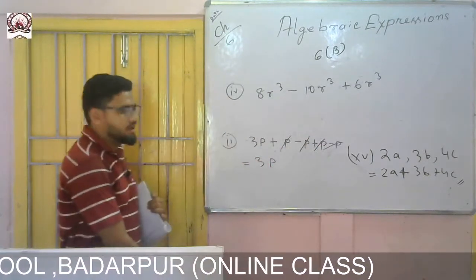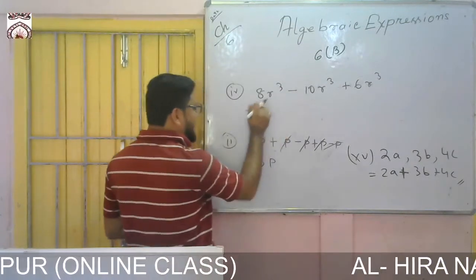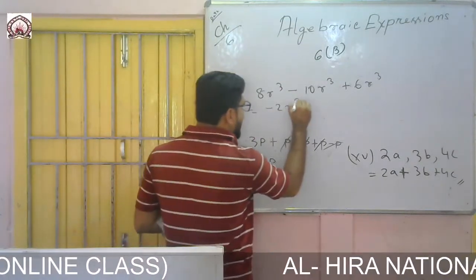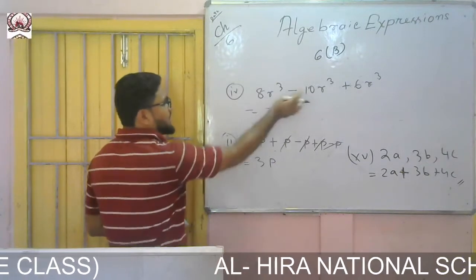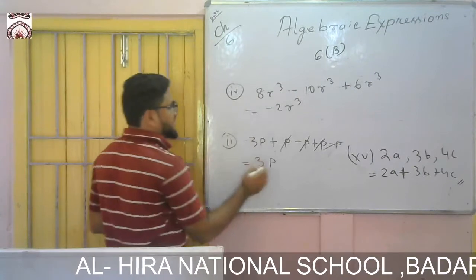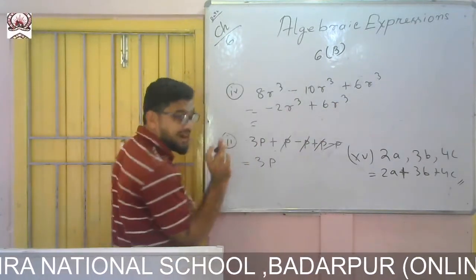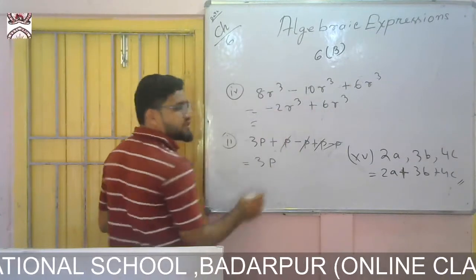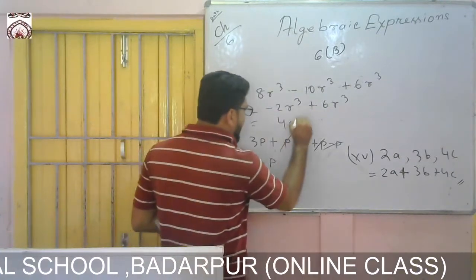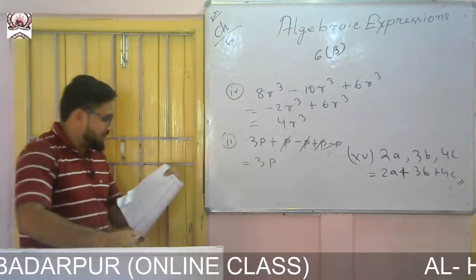Or you can do like this, plus minus, minus. So 10 minus 8 is 2, minus 2r cube. Why is it minus? Because 10 is bigger, and the bigger number's sign is minus, so negative sign. Plus 6r cube. Then again plus minus, minus. So 6 minus 2 is 4. So 4r cube plus, because 6 is bigger. So the answer is 4r cube.